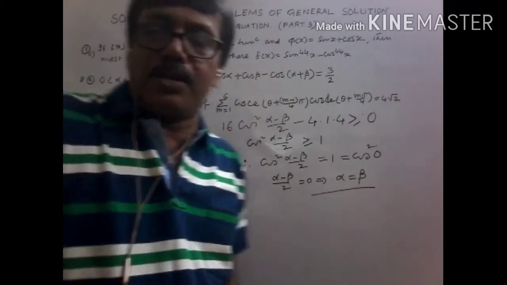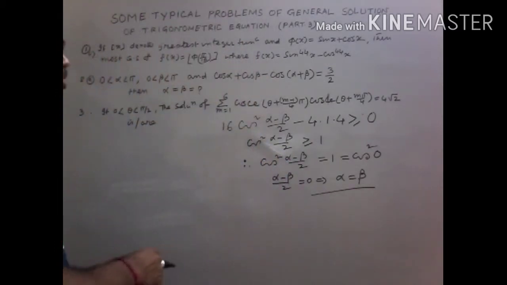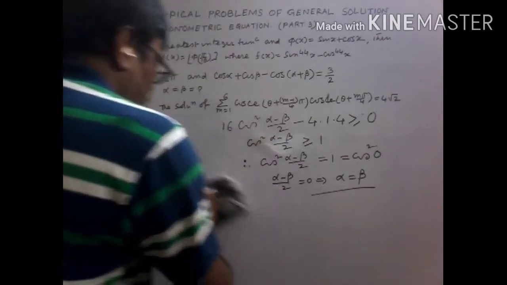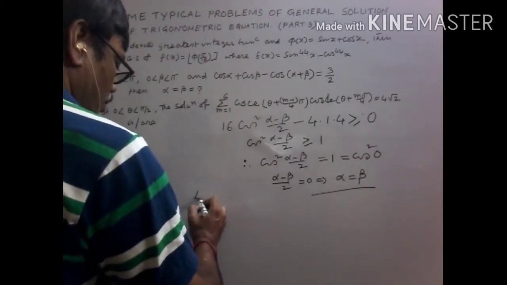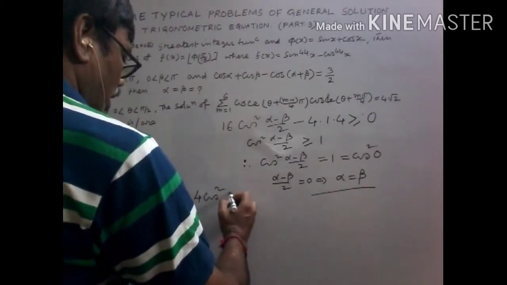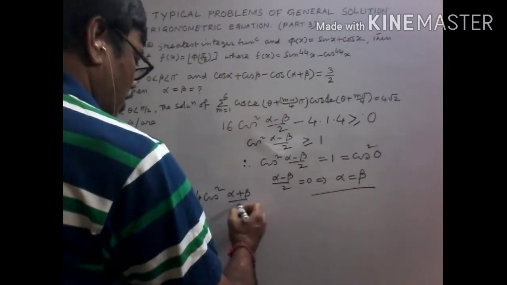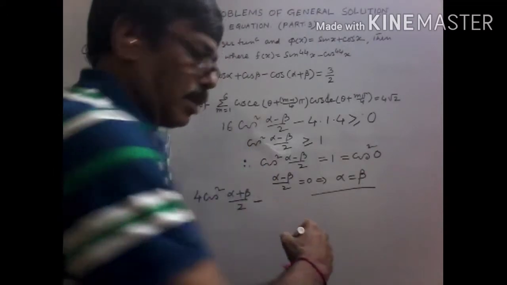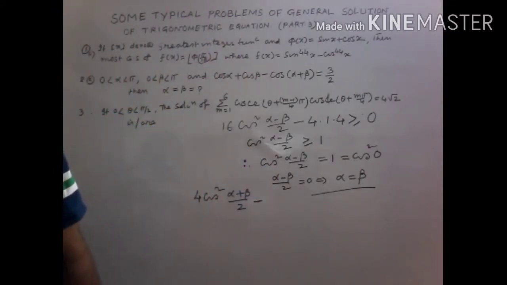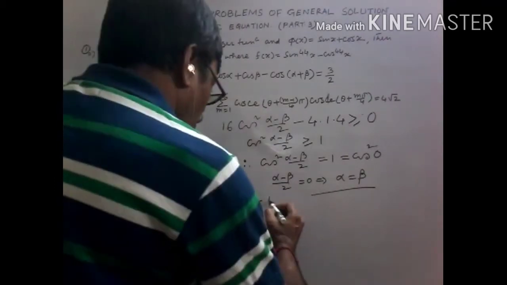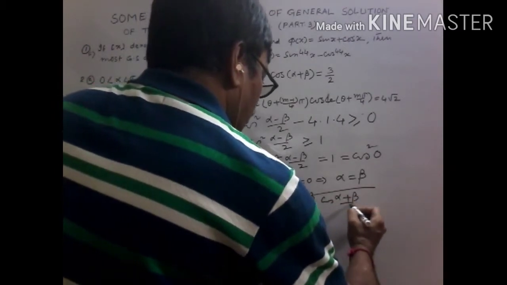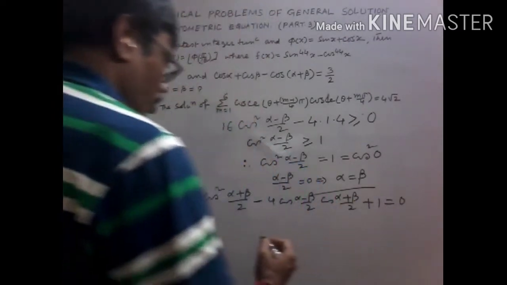Now putting α equals β into the quadratic equation. So what is our quadratic equation? 4 cos²((α+β)/2) minus 4 cos((α−β)/2) cos((α+β)/2) plus 1 equals 0.